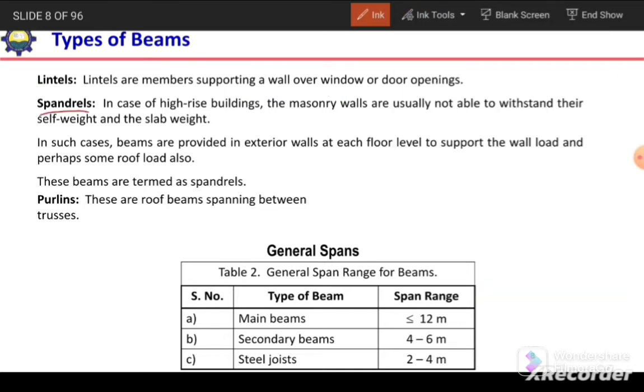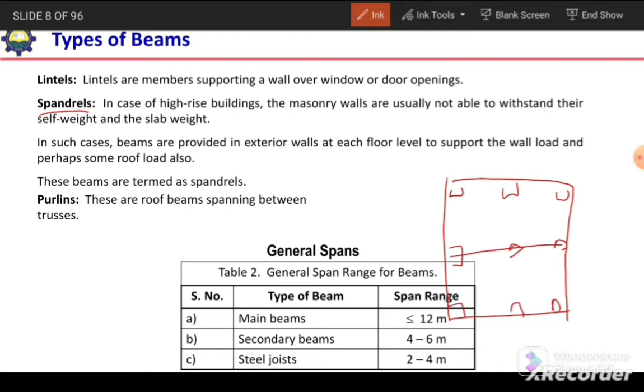Next is spandrel. So spandrels are actually the edge beams. So in case of buildings, for example we have a column over here like this. So we have many beams. So in case of high-rise building, we have walls at the outer periphery, and the load of these walls is significantly high.